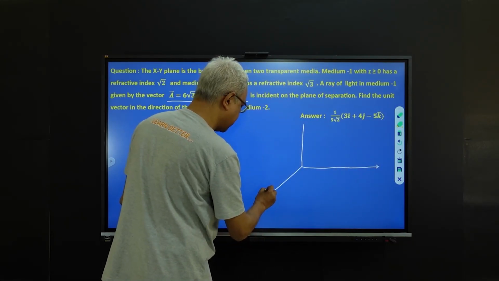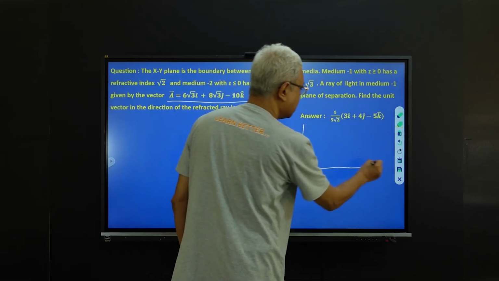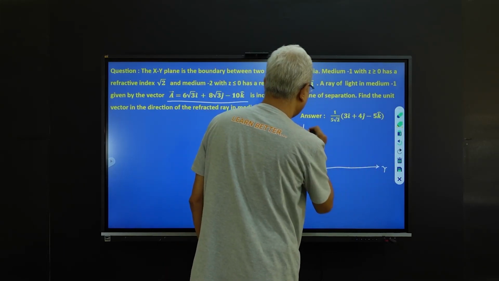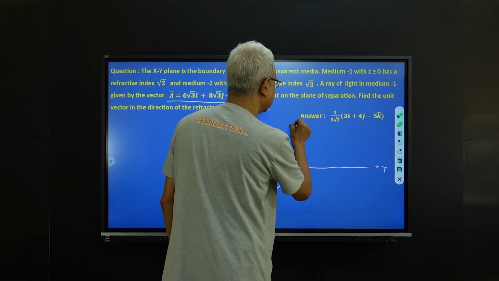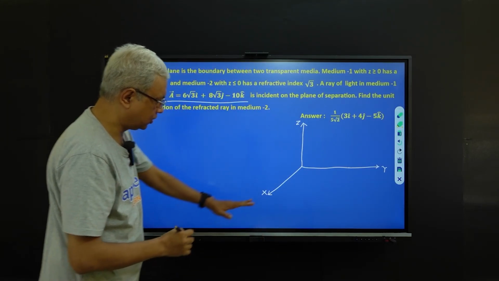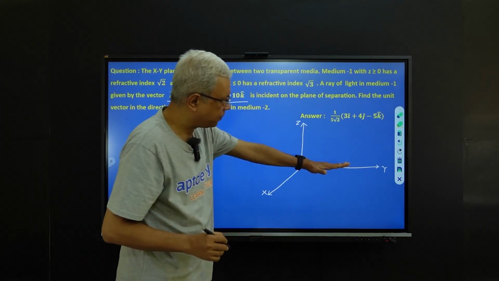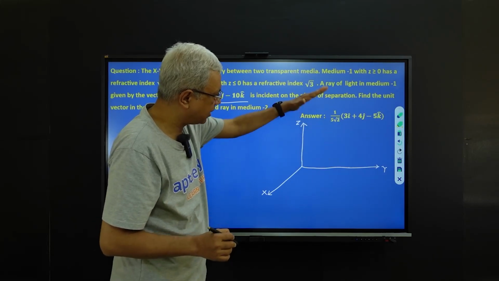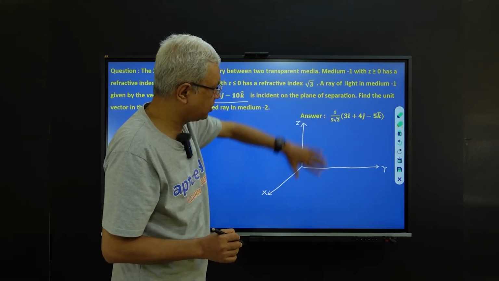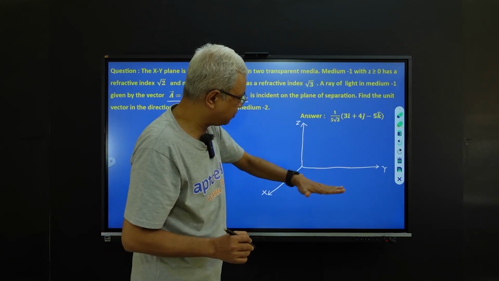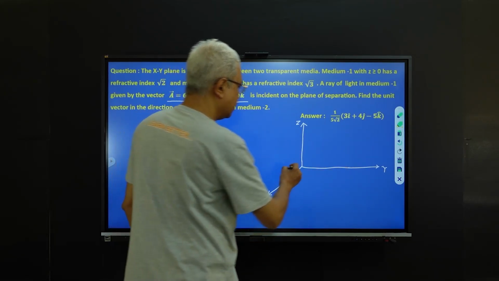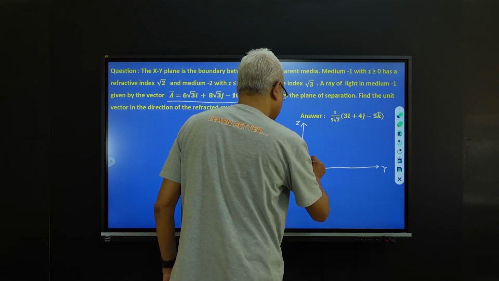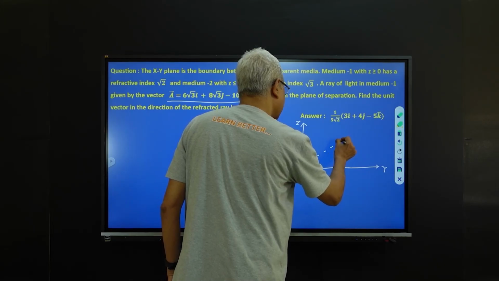Let this be the x-axis, this is the y-axis and this is the z-axis. So this is the xy plane, which is perpendicular to the plane of the board. We are assuming the yz plane is the plane of the board, and the xy plane is perpendicular to the plane of the board. So, let us try to represent the xy plane.